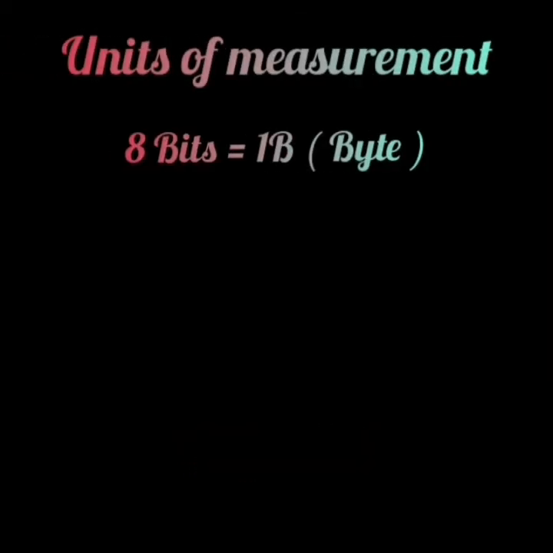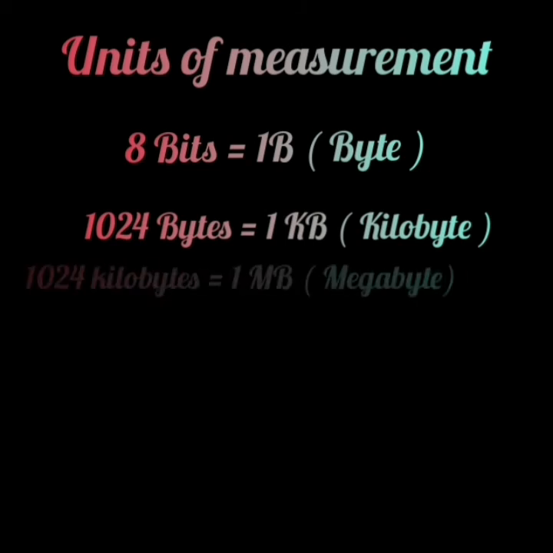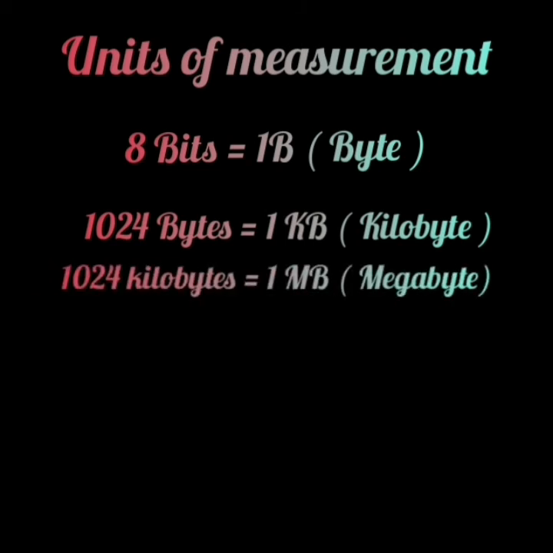8 bits is equal to 1 byte. Its short form is B. Next, 1024 bytes is equal to 1 kilobyte. Its short form is KB. 1024 kilobytes is equal to 1 megabyte.